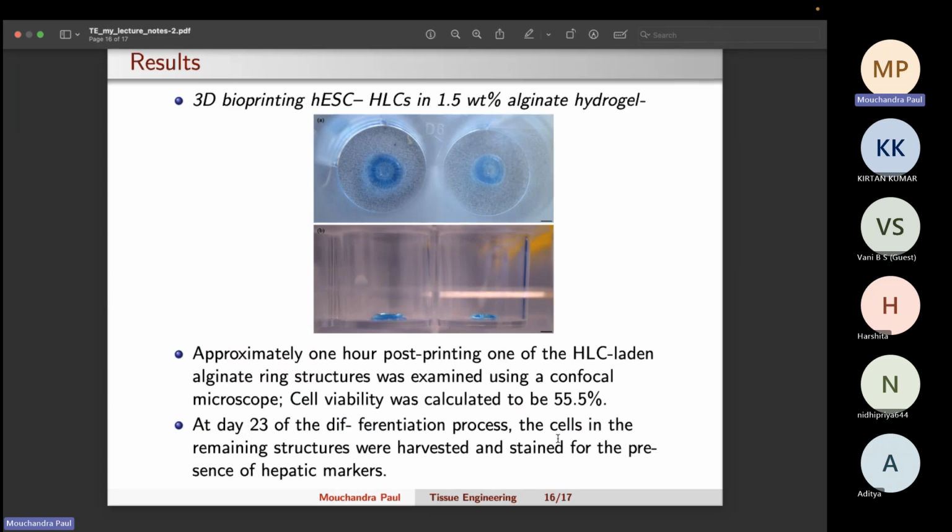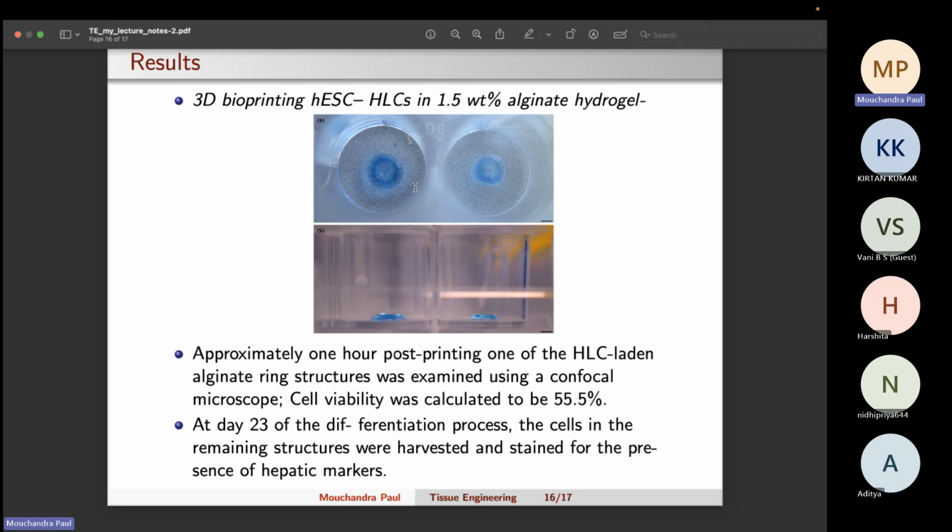Now, another result is for the 3D bioprinting of these J6 cells in sodium alginate hydrogel. This hydrogel is basically transparent. When you see it, it is completely transparent, so under light you can hardly visualize it.